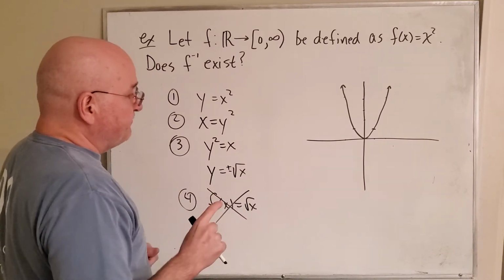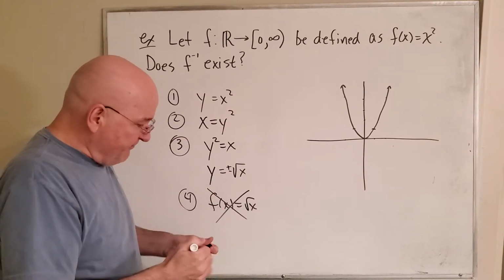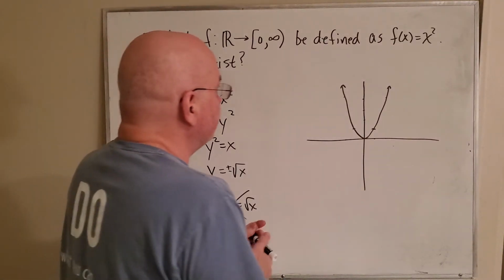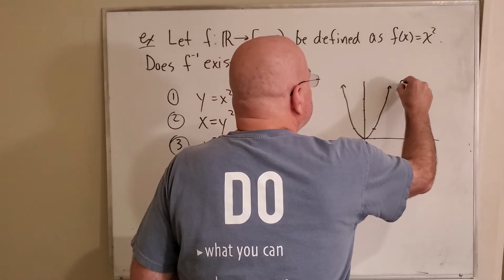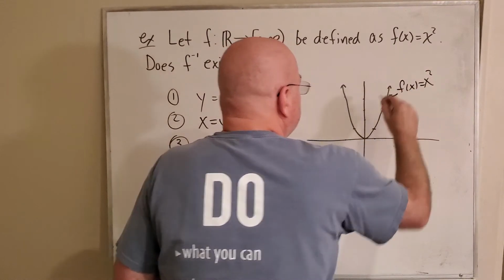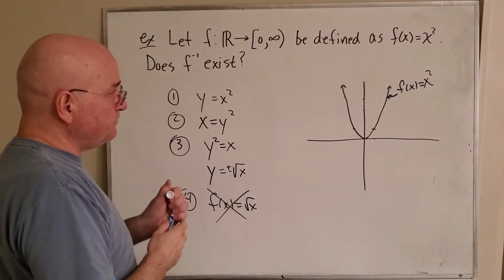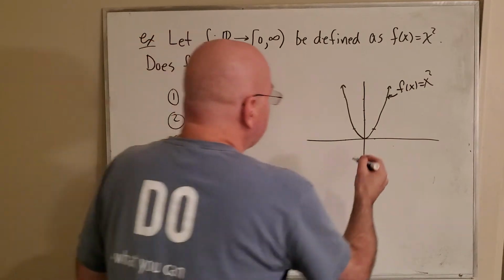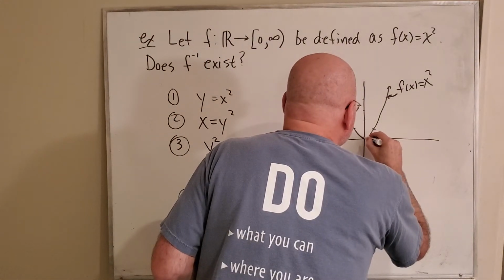Well, let's graph. I'll use a different color. That's the graph of x squared. Now let's graph the square root of x. Square root of x looks like this.